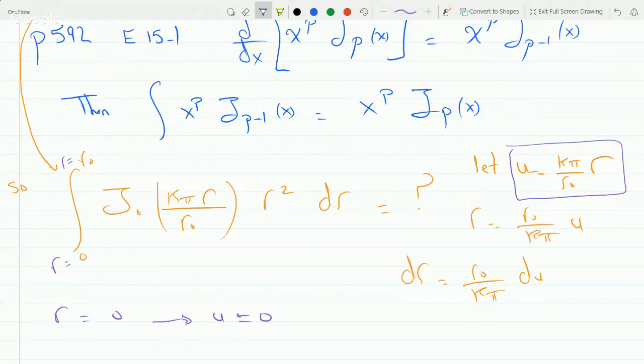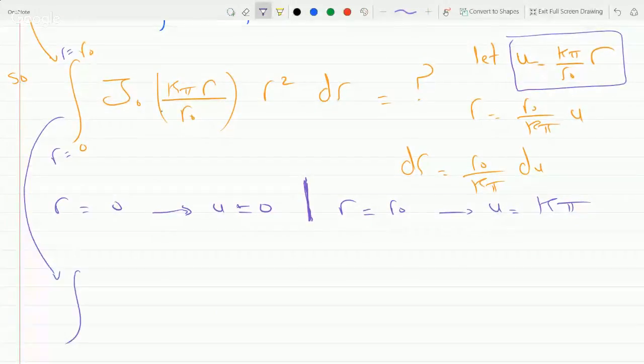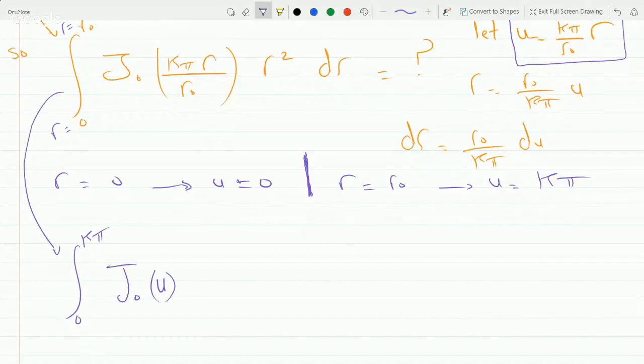And when r equals r0, plug it there, r and r0 cancel out, and you get u equals k pi. So now plug back into the integral. Now the integral will run from 0 to k pi of J0 of u. I'm setting up the integral to use the recursion formula after the substitution, u squared du.